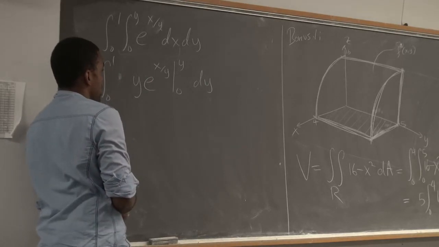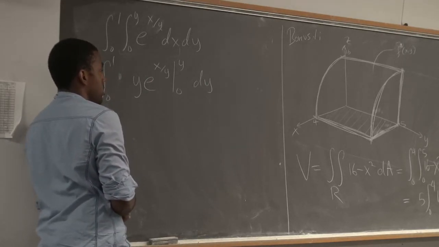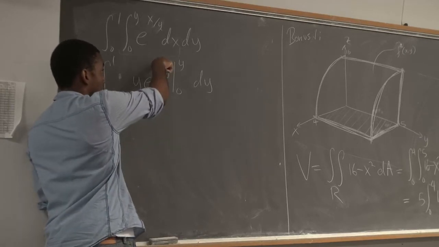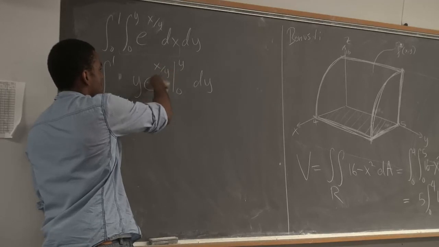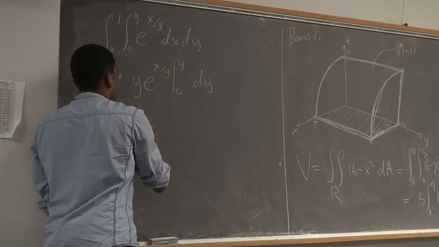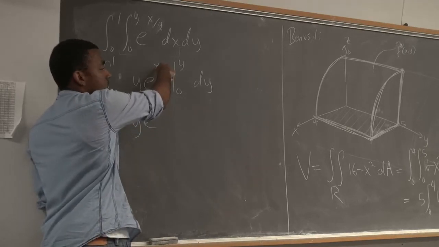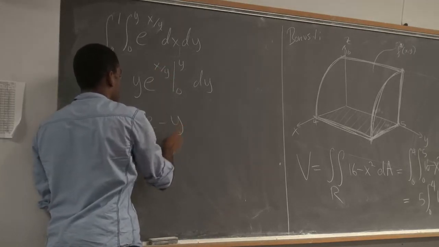Now if I plug in x equals y, what do I get? y over y, which is just 1. So it's just y e to the 1. And if I plug in x equal to 0, I just get e to the 0, which is 1.